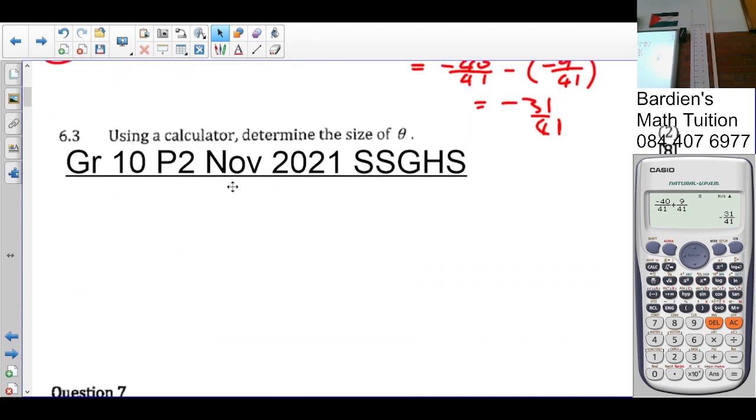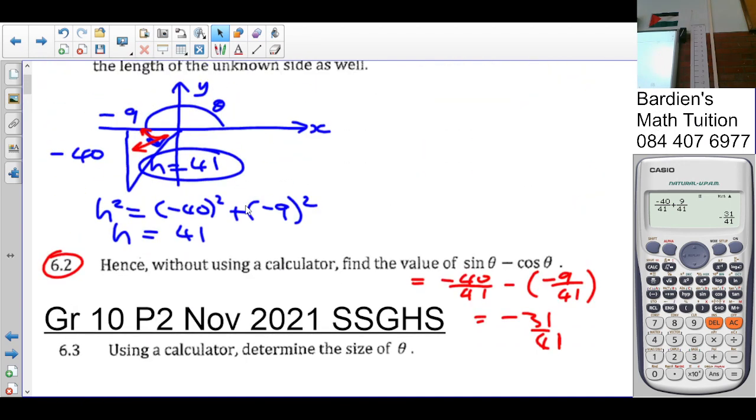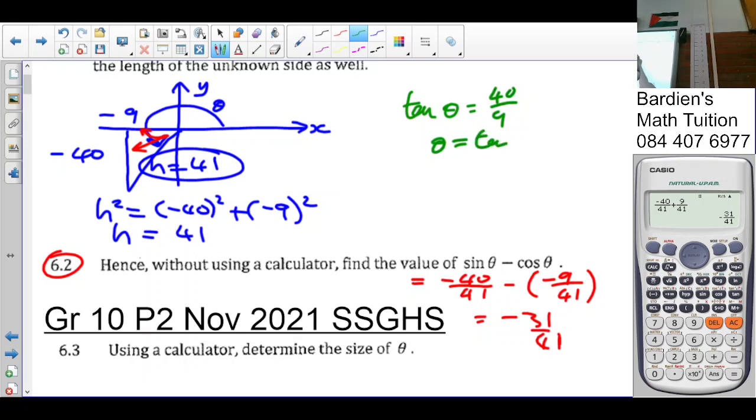Alright, using a calculator determine the size of theta. We know that tan of theta is equal to 40 over 9. So when you work out this reference angle, it's arctan of 40 over 9, which gives you 77.32 degrees.